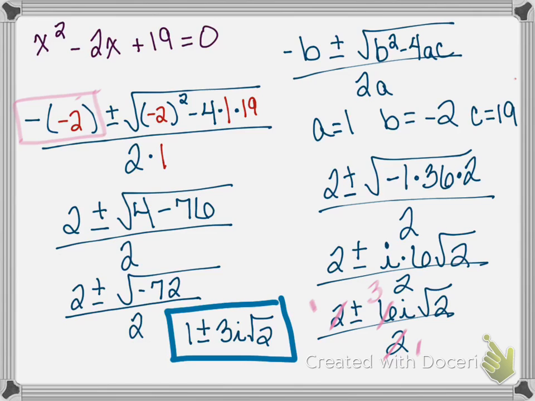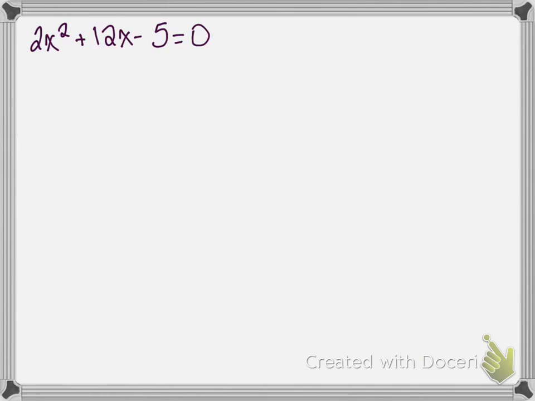Okay, so here we go. Here's my last one that we're going to do today. I would do this one by quadratic formula, and the reason is my a value being 2. So I am going to identify my a, b, and c.